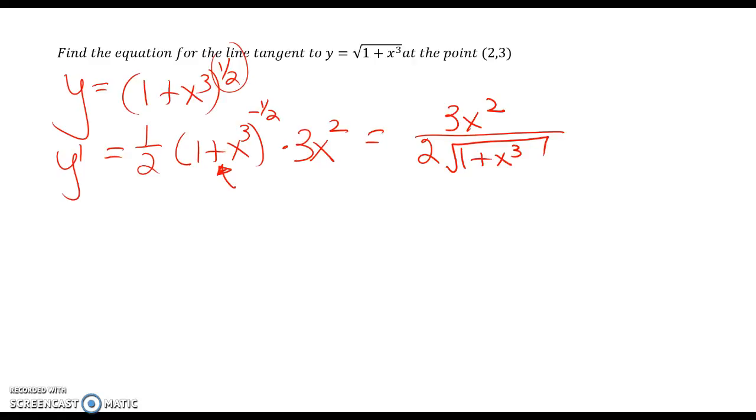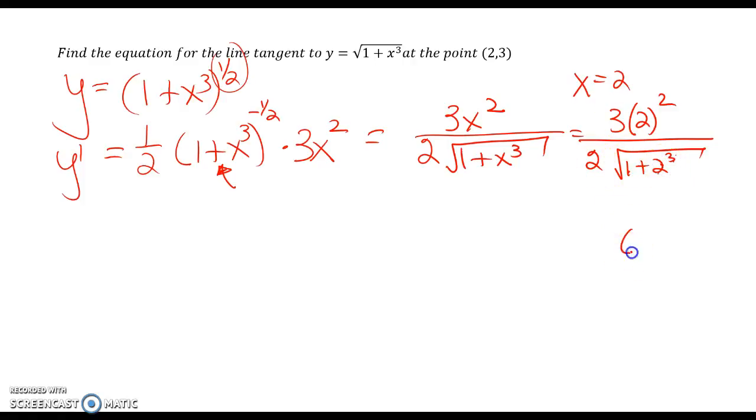I will evaluate this at x equals 2. 3 times 2 squared over 2 times the square root of (1 plus 2 cubed). 2 cubed is 8, plus 1 is 9. Square root of 9 on the bottom is 3, times 2 is 6 in my denominator. 3 times 4 is 12, over 6, right? So my slope actually equals 2.